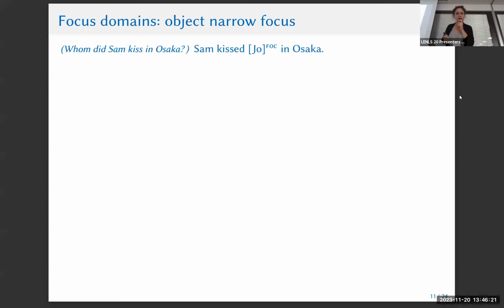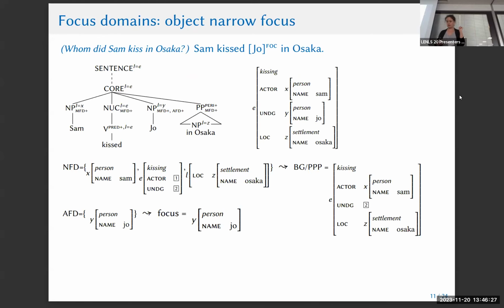So what's happening then? One example, the object narrow focus, Sam kissed Joe in Osaka. So we have now three modules: the syntactic representation, the semantic representation, and the information structure representation.